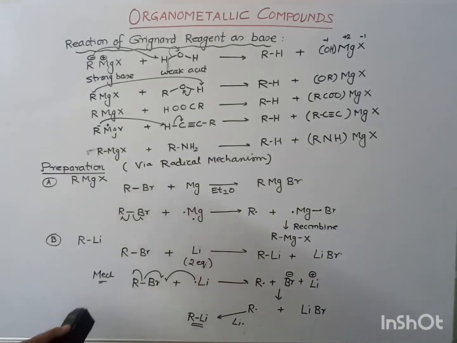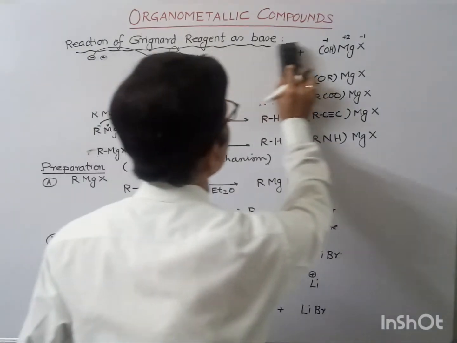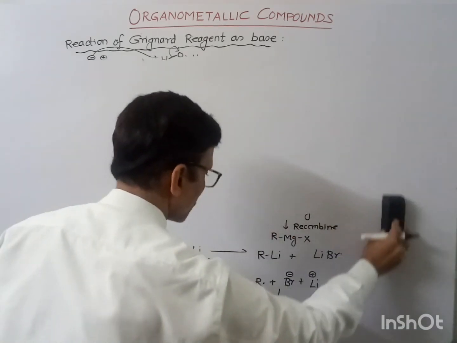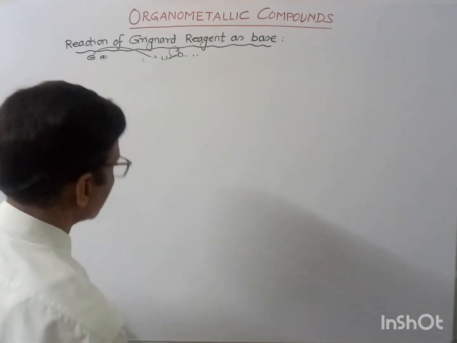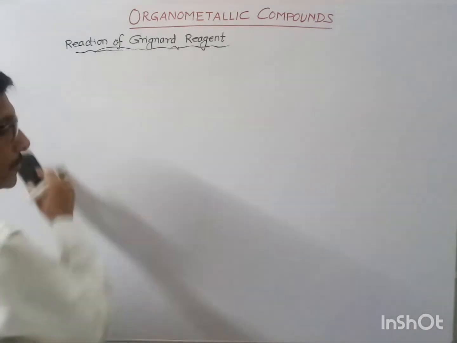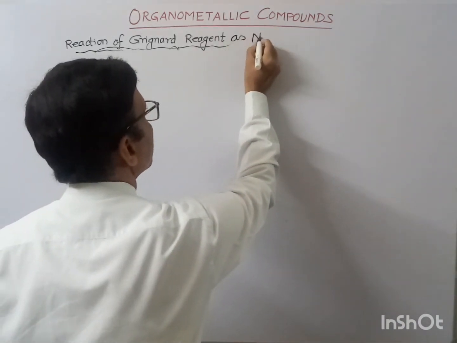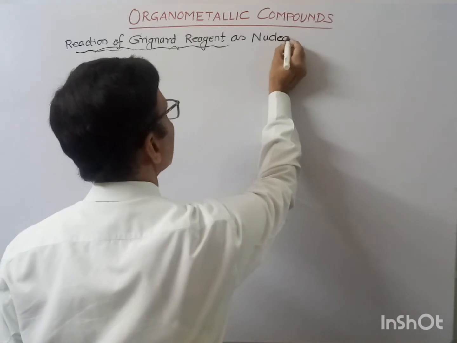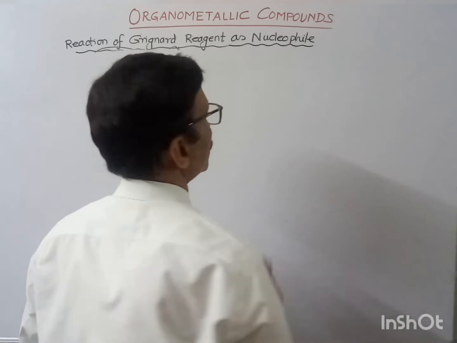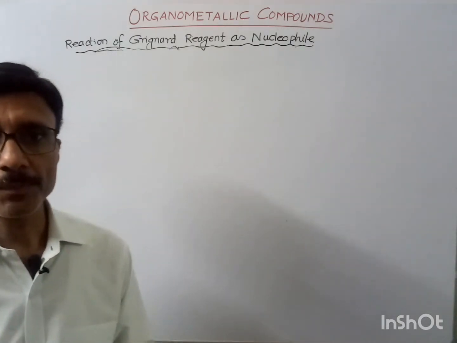Now let's come to the reaction of Grignard reagent as a nucleophile. So this Grignard reagent acts as a nucleophile, and it shows nucleophilic addition reaction with some carbonyl compounds.